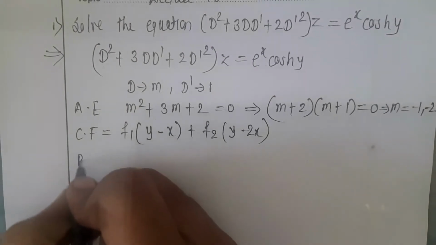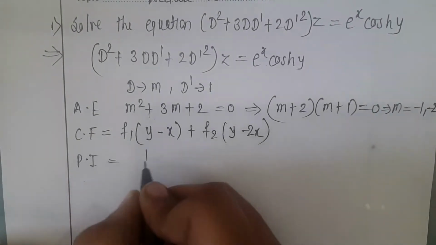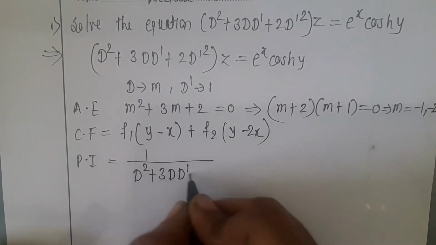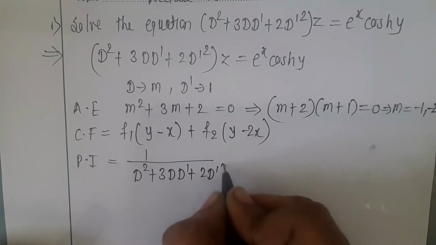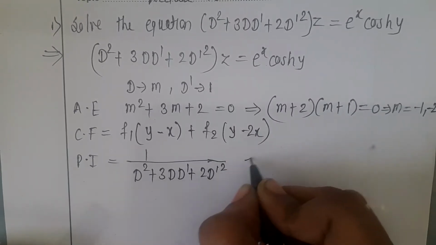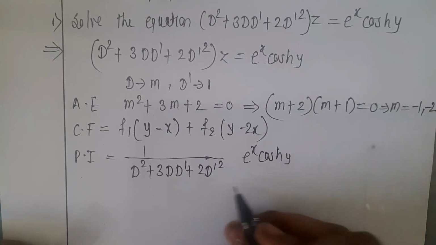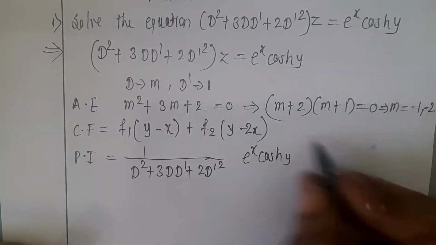Next, the particular integral is 1 upon (D² + 3DD' + 2D'²) multiplied by e^x cos hy. Okay, now which case do we want to use here?